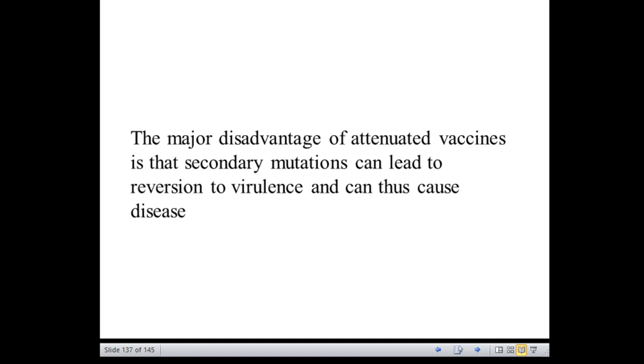Right. So not everyone can safely receive the live attenuated vaccines. People with damaged or weakened immune systems, say for example in case of chemotherapy, HIV infection, and sometimes in pregnancy, cannot be given live vaccines.